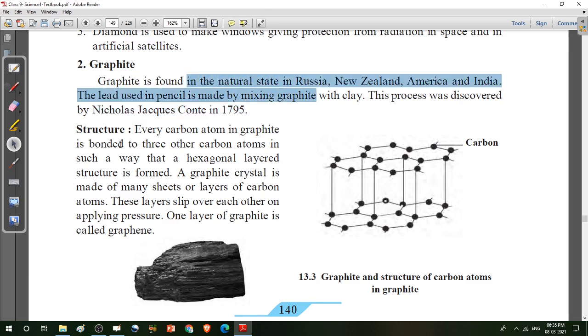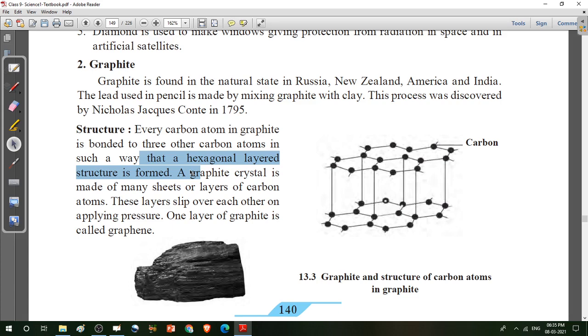Now let's see the structure of graphite. Each carbon atom in graphite is bonded to three other carbon atoms in such a way that a hexagonal layered structure is formed. In the case of diamond, every carbon atom is bonded with four other atoms, and we know the valency of carbon: in the outermost shell there are four electrons.